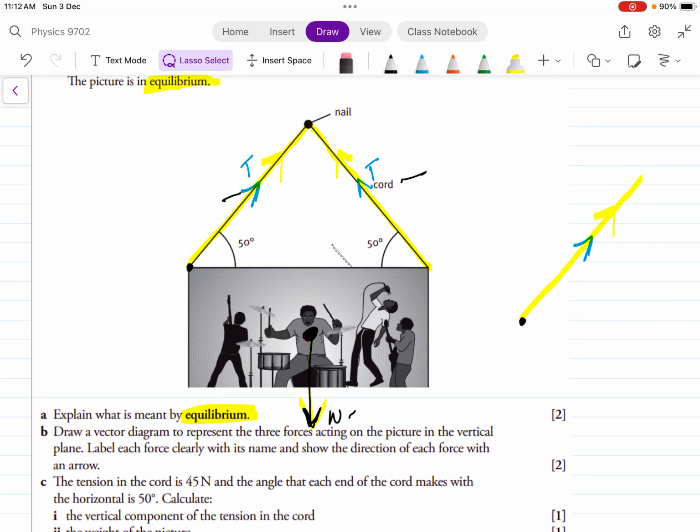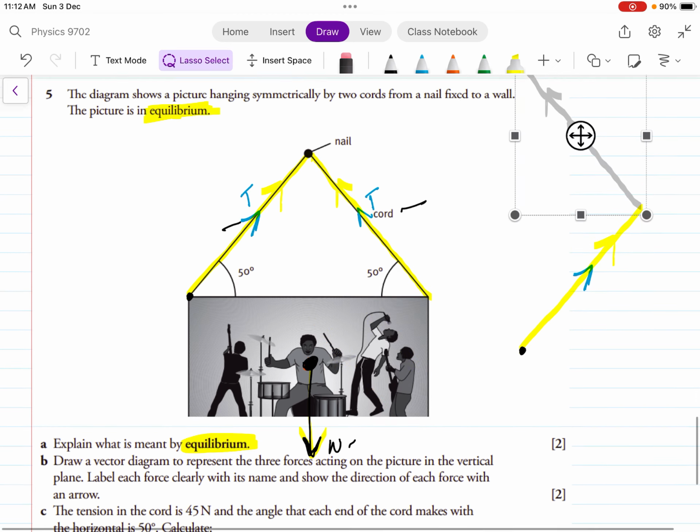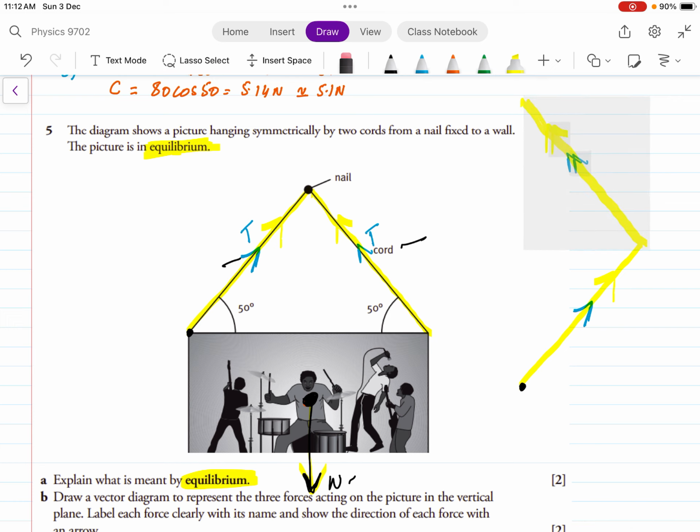Now I'll copy the next force and I'll make sure that I paste it such that the previous force's head joins the tail of this new force, right? So I join them head to tail.